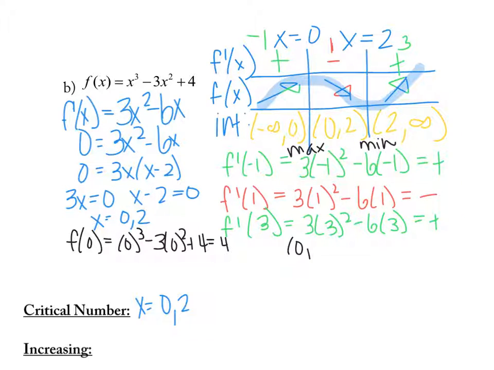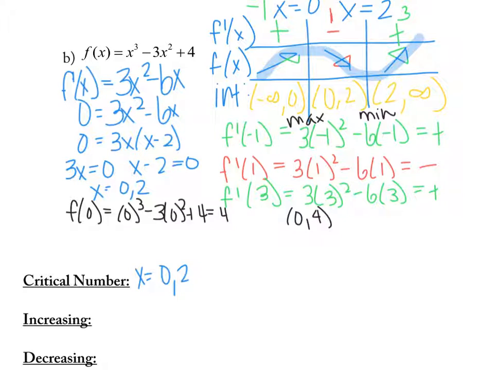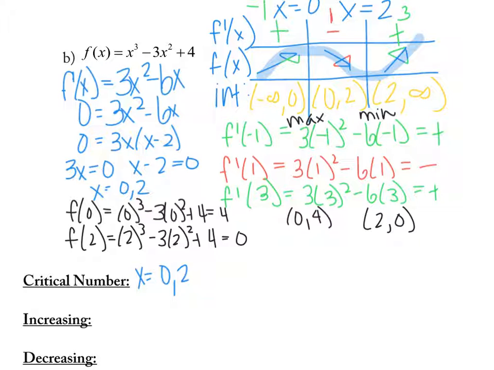So the max occurs at (0, 4). And then we have to plug in for the minimum into the original function, so f of 2. So I get 2 to the third minus 3 times 2 squared plus 4, which gives me 0. So the minimum occurs at (2, 0).